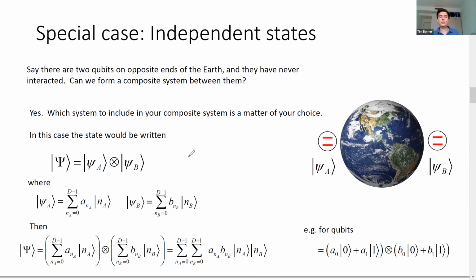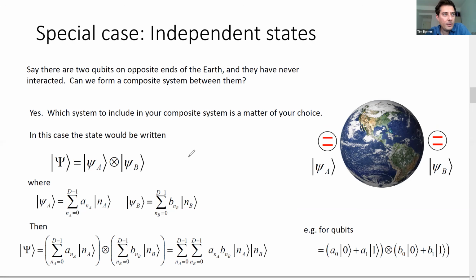To form a composite system, do we need to bring them together and make sure that they're really one quantum system? Basically the answer is yes, you can form a quantum system between any two quantum states that you like.